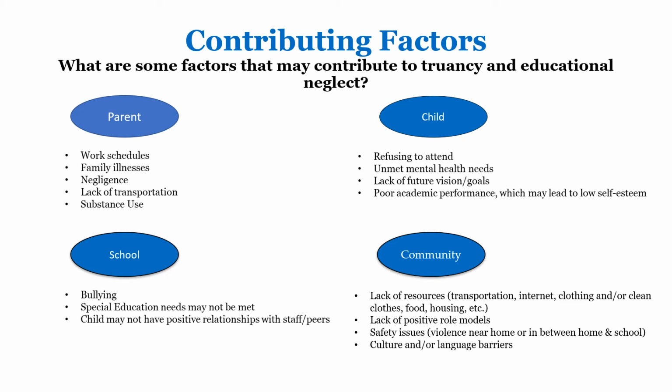Child: refusing to attend, unmet mental health needs, lack of future vision or goals, poor academic performance, which may lead to low self-esteem. School: bullying, special education needs may not be met. Child may not have a positive relationship with staff or peers.